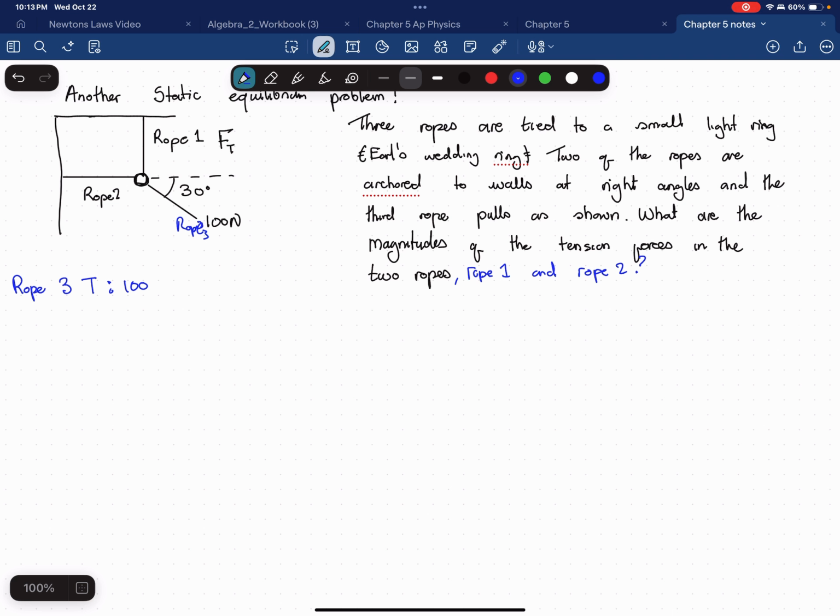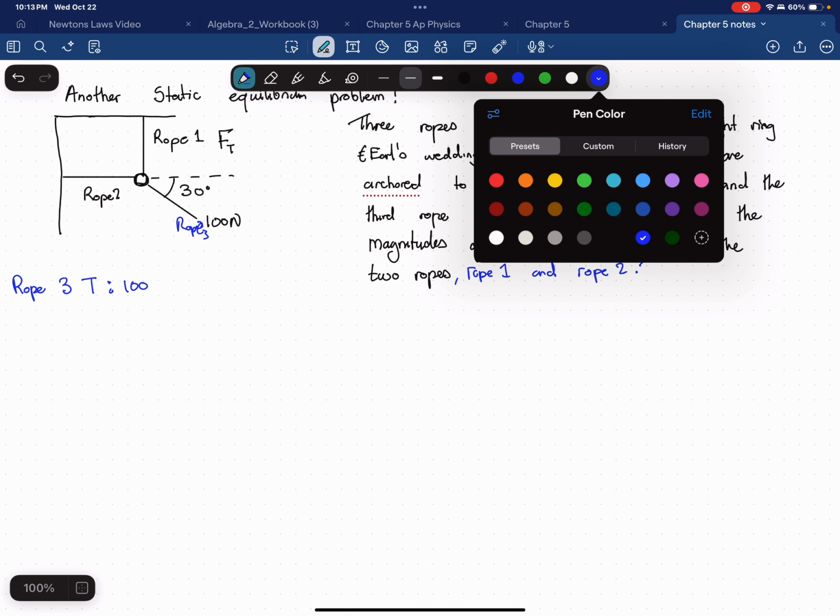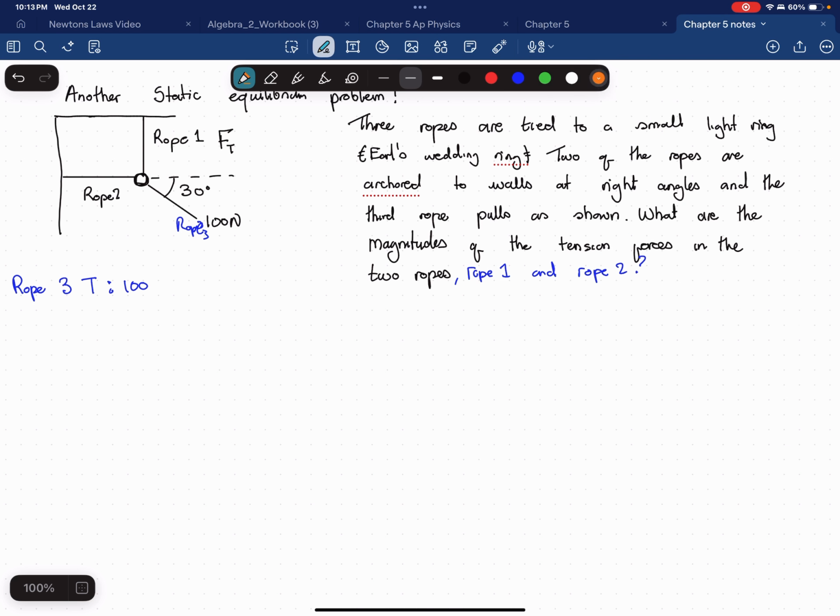Step 1, let me change the color a little bit. Hope this doesn't look disorganized, but these 2 are the same color. Let's say orange. This is step 1, coordinate system. I guess I'm gonna just stick with the regular one here.